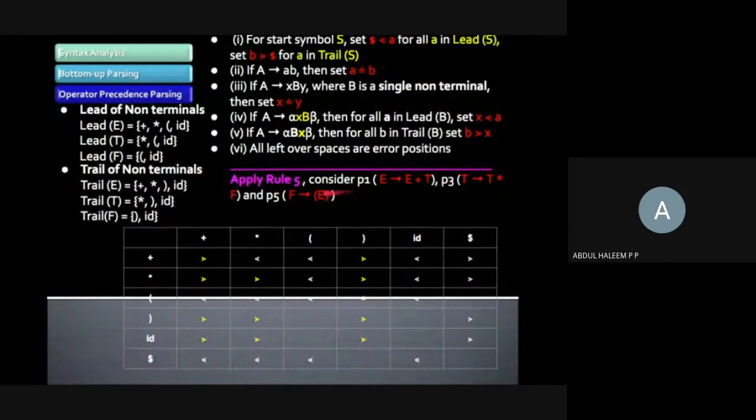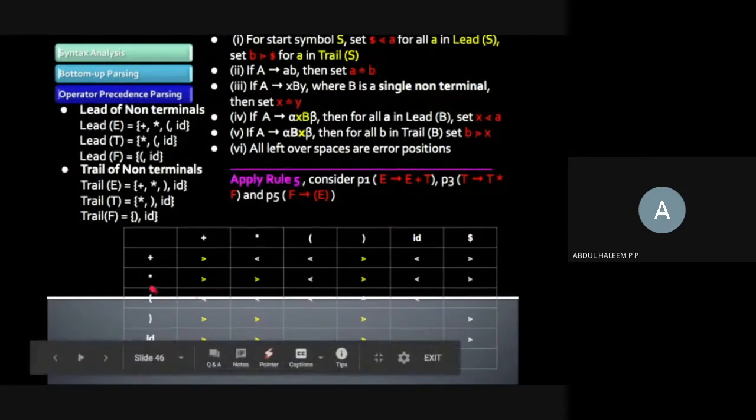Now let us apply rule number 5 on P3 also. So P3, T derives T into F. Bx, here B is T, star is X. So trail of T will be having higher precedence than star. Trail of T is star, right bracket and ID. So star will be of higher precedence than star.